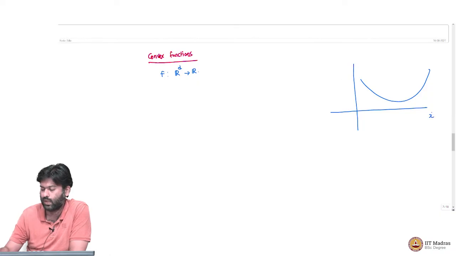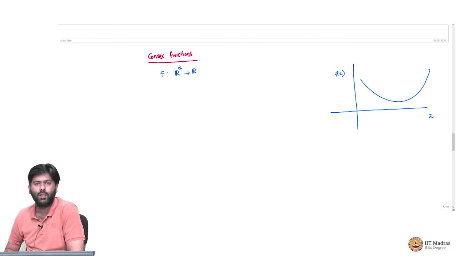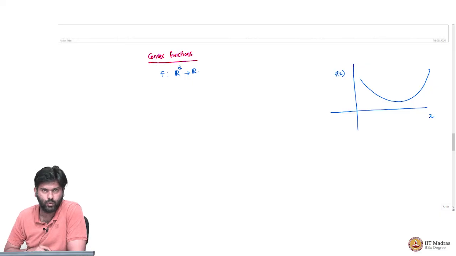So, think of this as x and this is f of x, and we somehow want to argue that this function is convex or not convex. So, we need to give a definition for what we mean by a convex function. We know what convex sets are, we need to define convex functions.